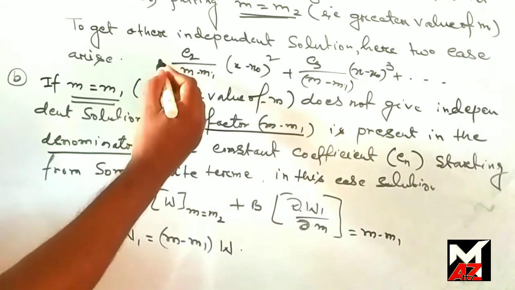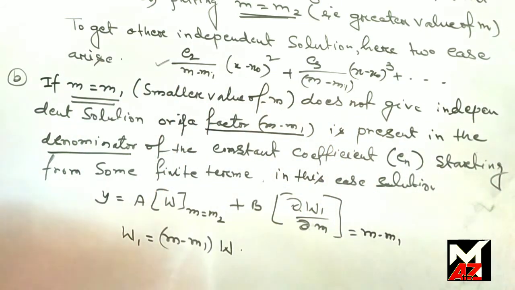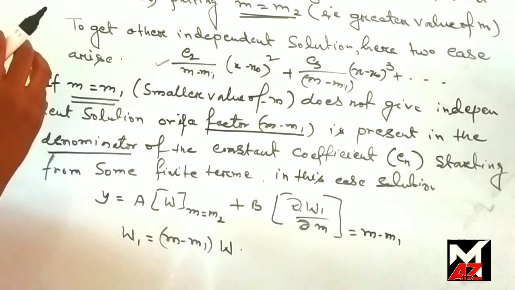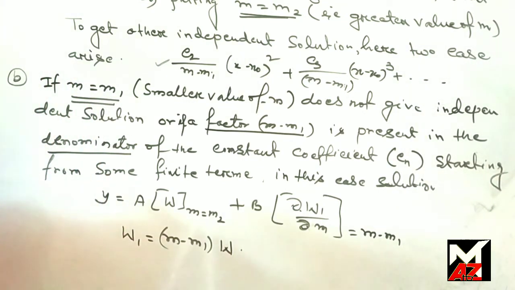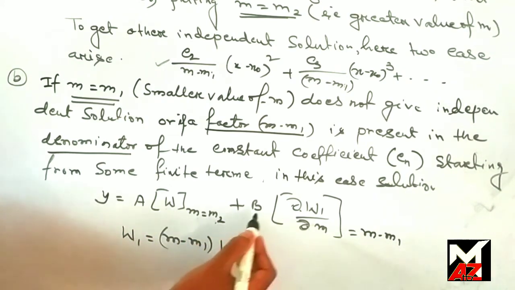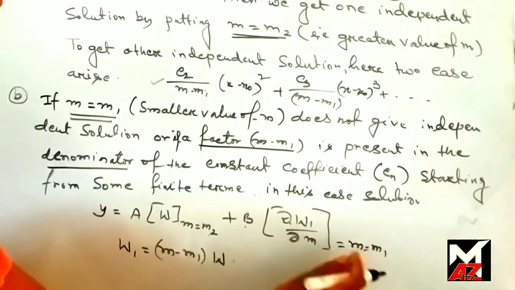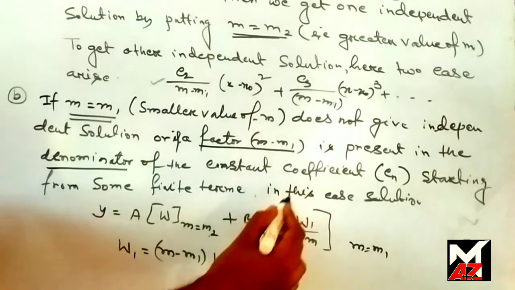then if this case arises, the solution of the equation can be written as y equal to a into w at m equal to m2 and b into del w1 by del m at m equal to m1. What is w1?